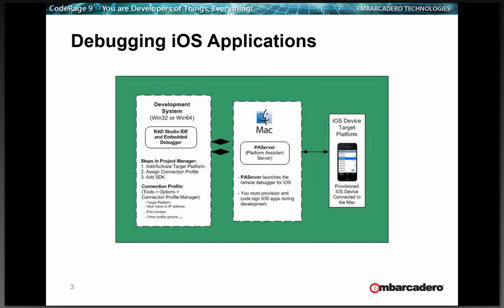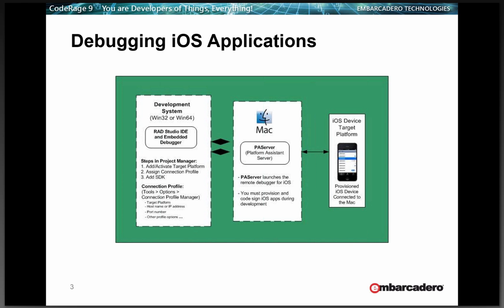And I've got my iPad 4. It's connected through the USB cable to my Macintosh. So from the Macintosh to the iOS device, the Mac is taking care of that, right?